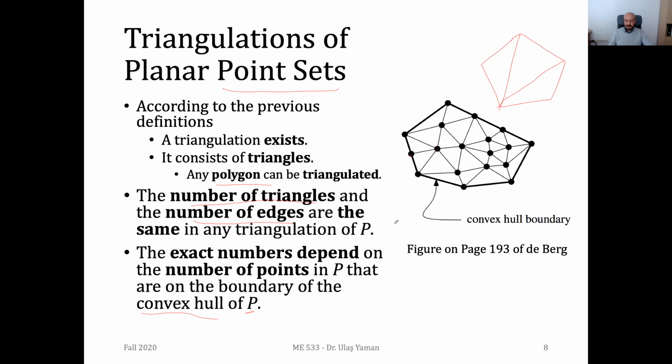If you assume these points are pins and you put a flexible rubber band around them, then you will obtain the convex hull of this point set P. If you do not modify the outer boundary, then any triangulation will have the same number of triangles and the same number of edges. But one of them will be the Delaunay triangulation. We have many triangulations, but we have a unique triangulation whose minimum angles are maximized.